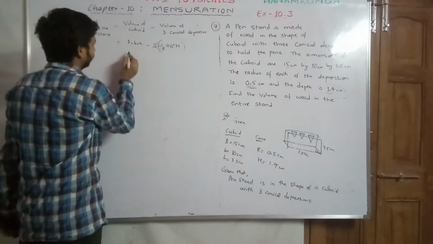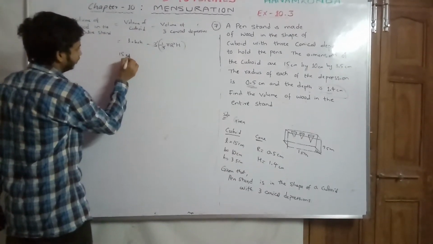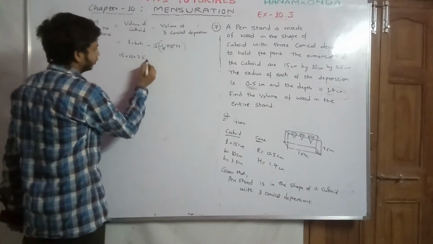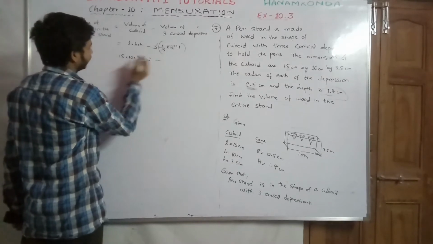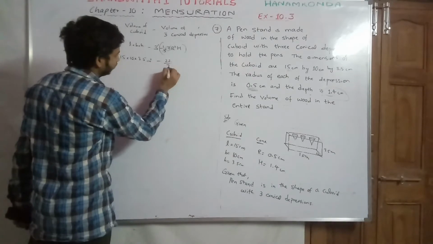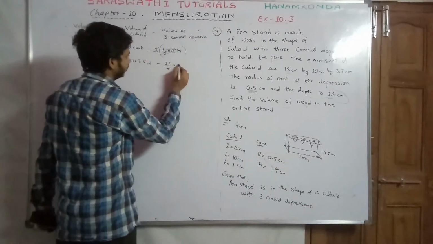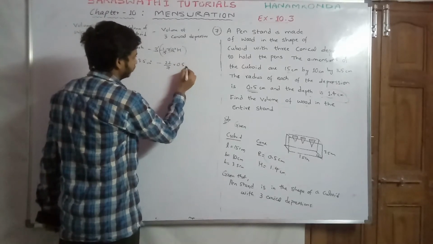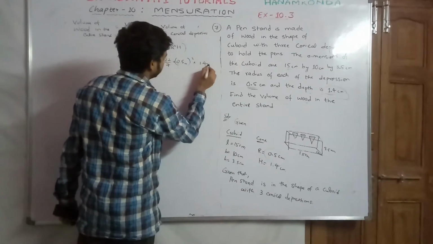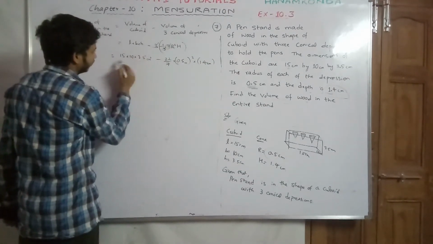Now length into breadth into height: 15 into 10 into 3.5 cubic centimeters, minus pi r square h. Pi value you can take as 22 by 7, r value is 0.5 centimeters, h value is 1.4 centimeters.